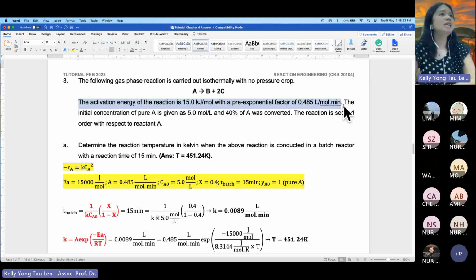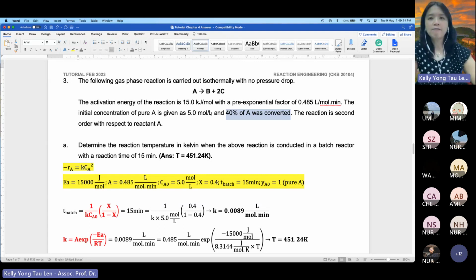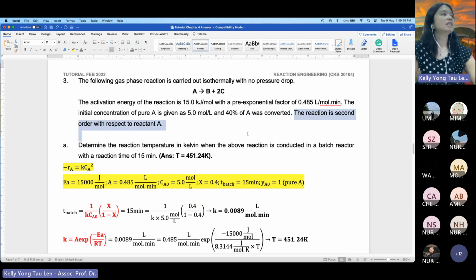They say the initial concentration of pure A is 5 mole per liter, so CA0 is 5, and 40% of A was converted, so X is 0.4. And then they say the reaction is second order with respect to A.